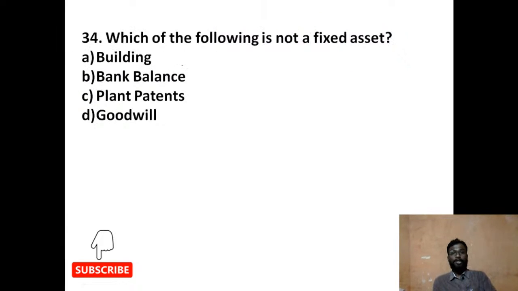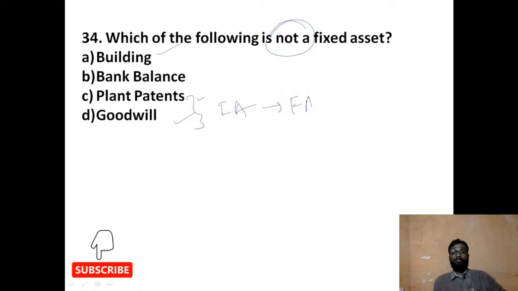Very good. So which of the following is not a fixed asset? Building, bank balance, plant patents, goodwill. See, goodwill and patents are intangible assets.